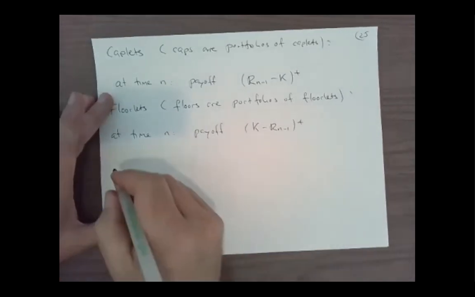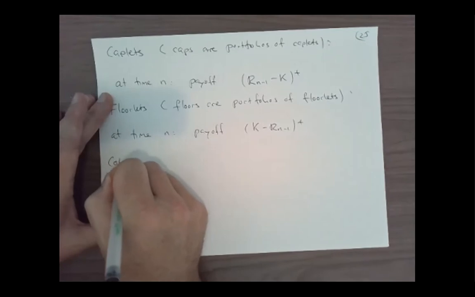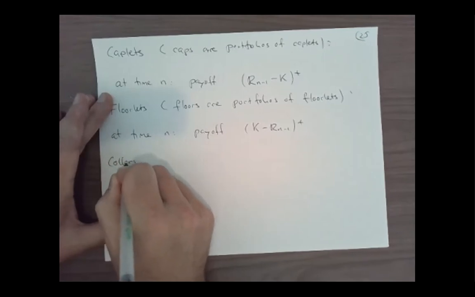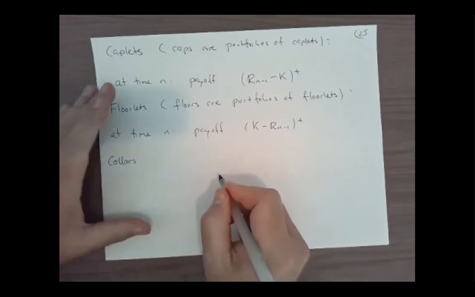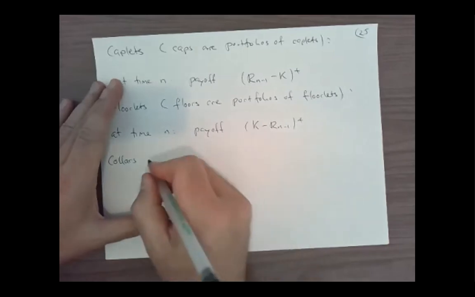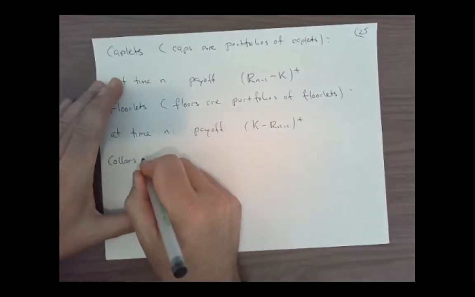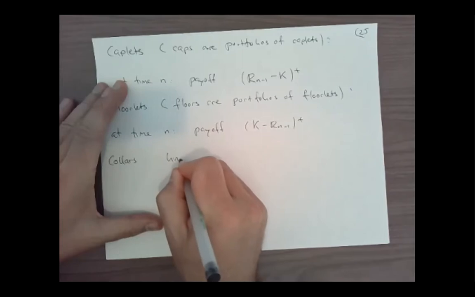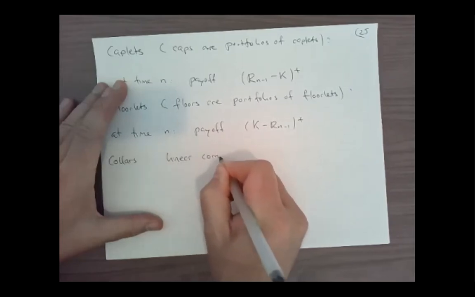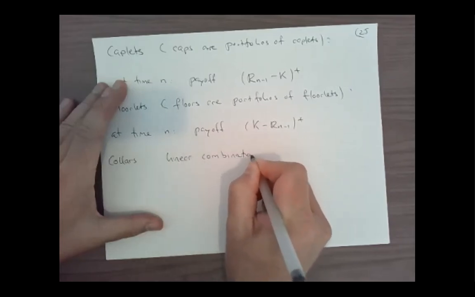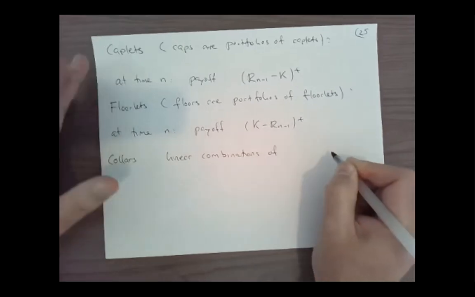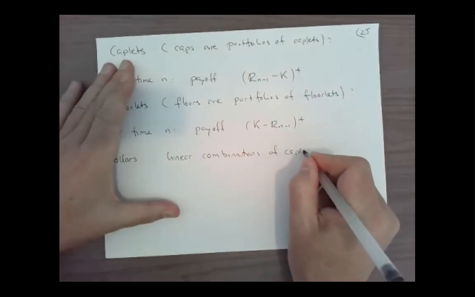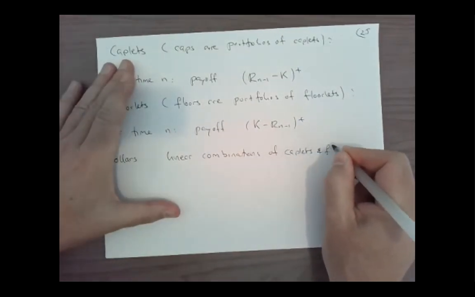There was something called a collar. Collars are linear combinations of caplets and floorlets.